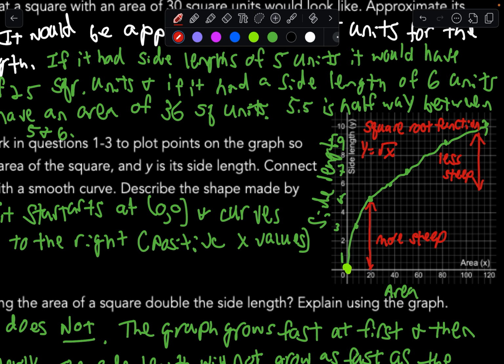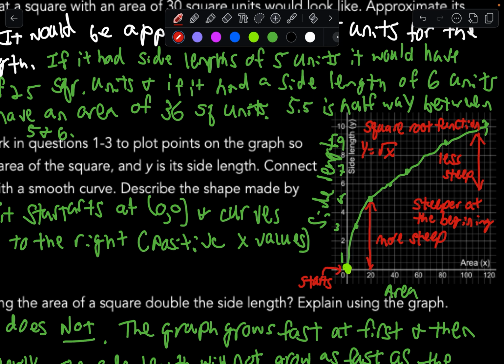So it's steeper at the beginning. This is definitely not a linear function. And then it's less steep later on. And also important, it starts at 0, 0. This is our clue on how to graph these, knowing where the starting point is.